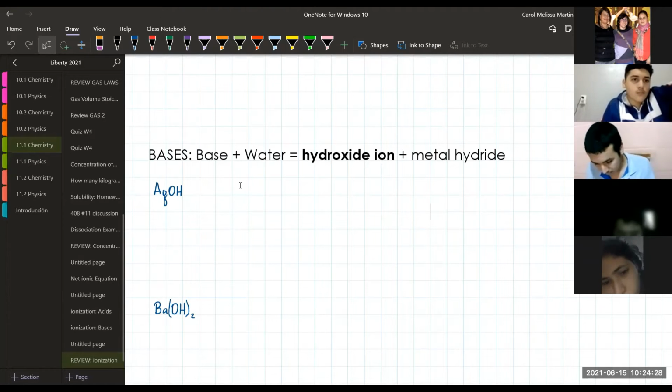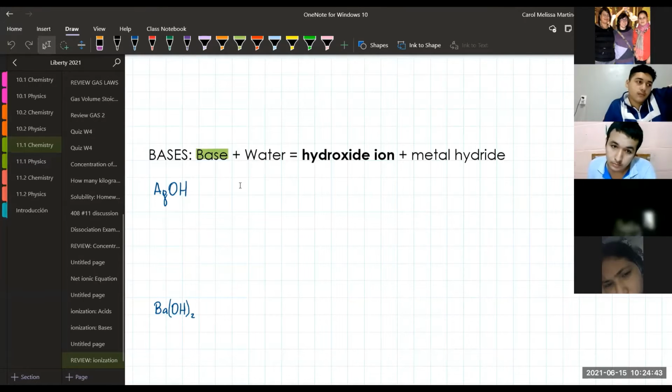How I recognize a base in the first place. All bases have OH. Okay? So that is the first step. That's how I recognize a base, because it has the OH ion. Like that. Okay?